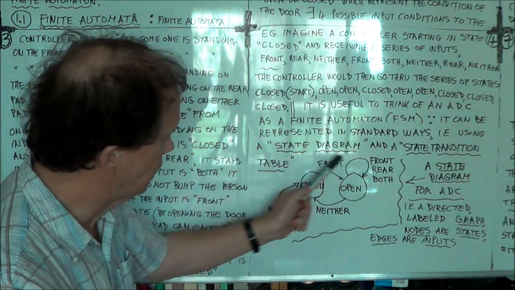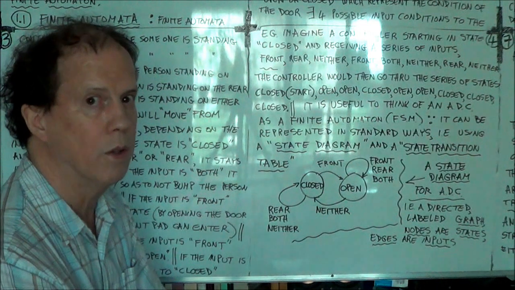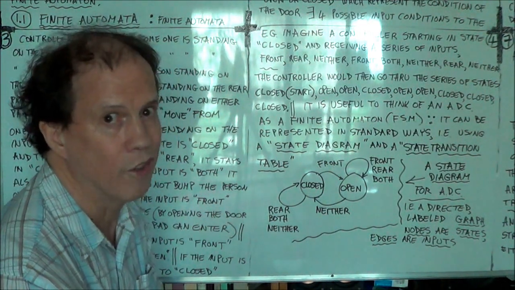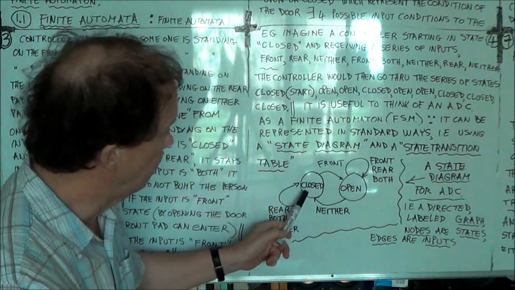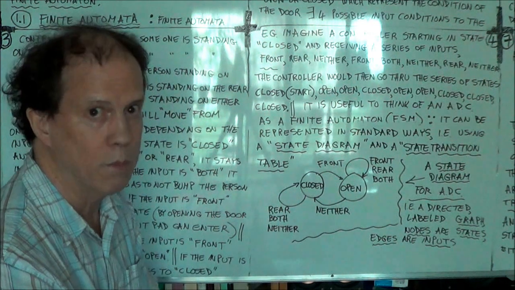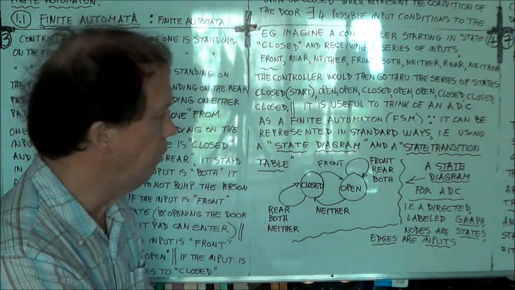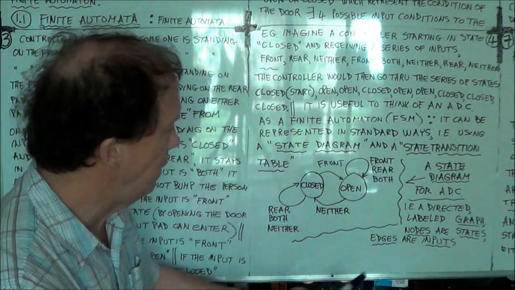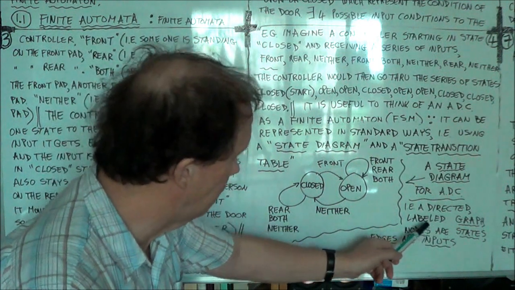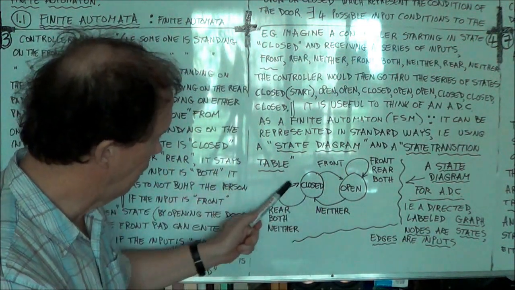So this state diagram, or state transition diagram, you can look on as a graph. It's a labelled graph, because both the states and the edges are labelled. So it's a fully labelled graph, and it is a directed graph, right? Because the edges have arrows.